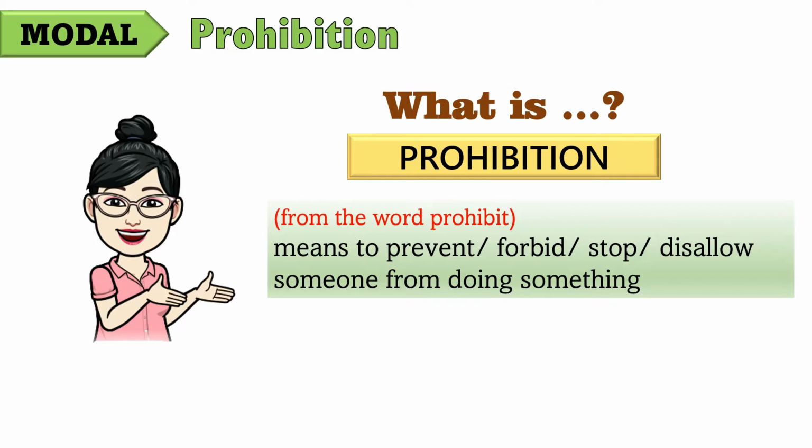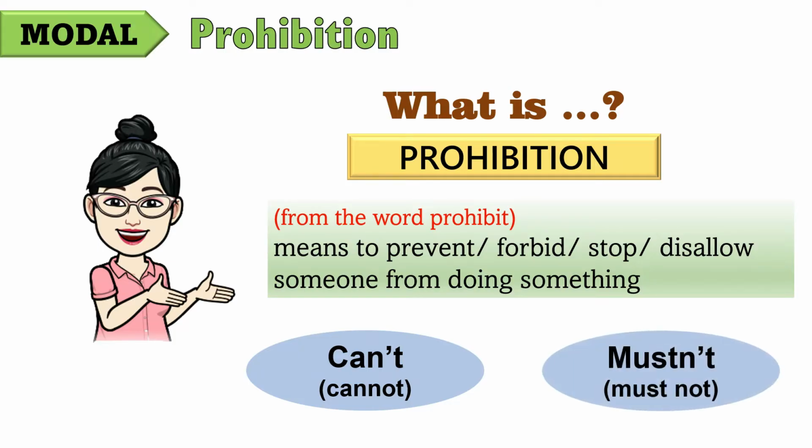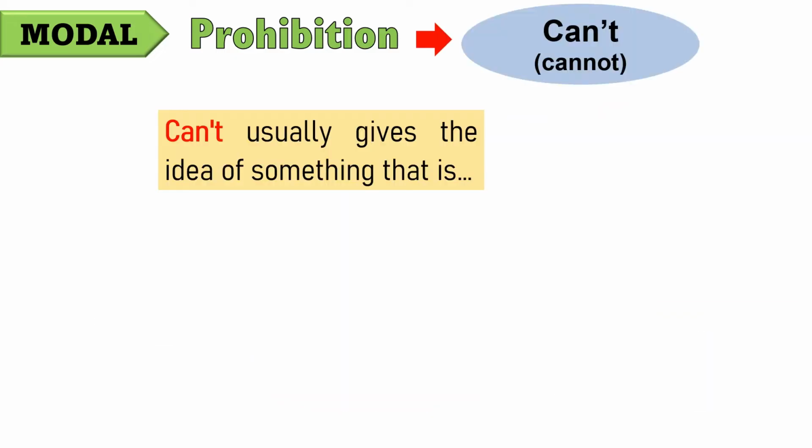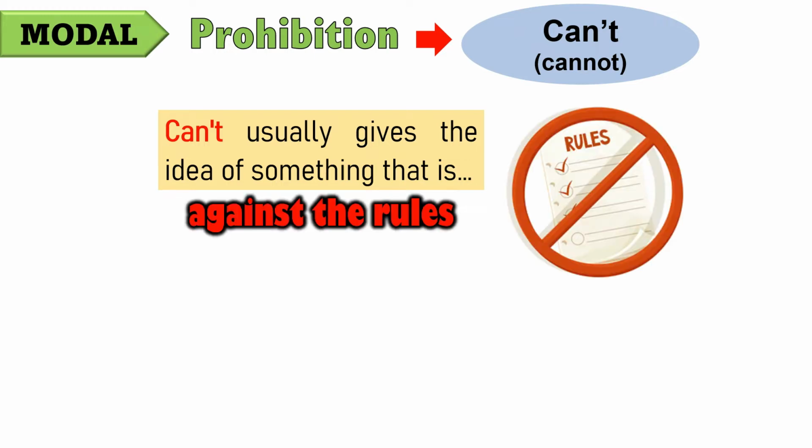Modals used for this purpose are can't or cannot, and mustn't or must not. Can't usually gives the idea of something that is against the rules. Ibig sabihin, hindi mo dapat gawin ang isang bagay dahil ito ay labag sa batas o isang polisiya.